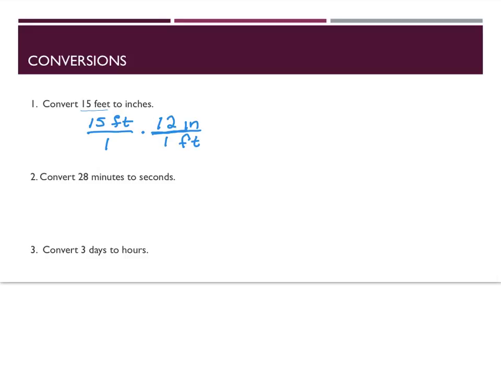Now the reason this works is when I look at fractions, I can cancel things that are in common, 1 in the numerator, 1 in the denominator. So let's look just at our units.